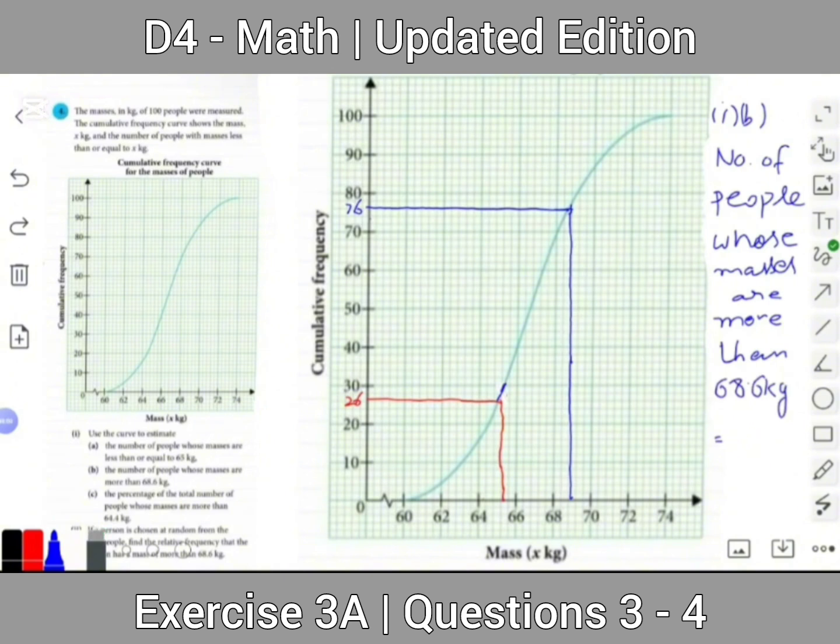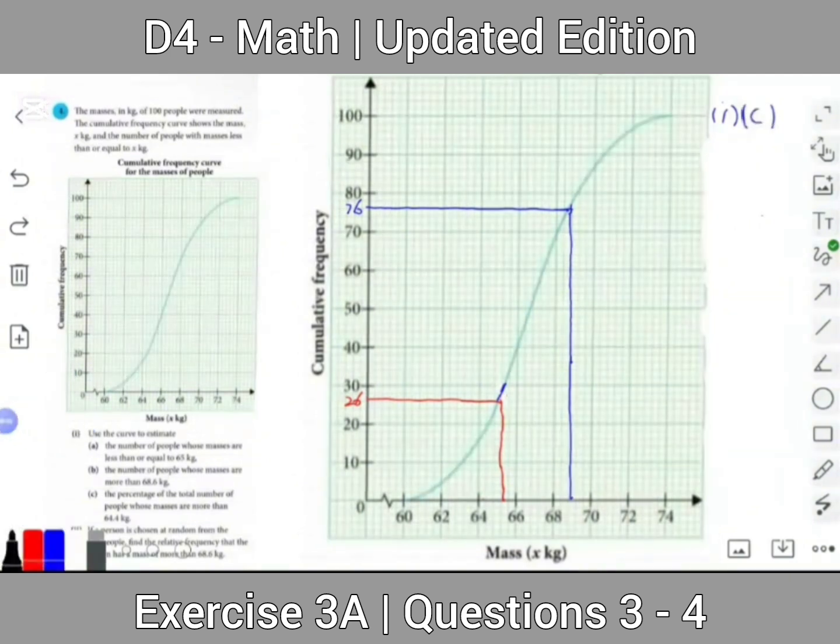For this, we will subtract the number of people whose mass is less than or equal to 68.6 kg that we have estimated, and that was 76, from the total number of people, and that is 100. So 100 minus 76 is equal to 24. So the number of people whose masses are more than 68.6 kg is equal to 24.